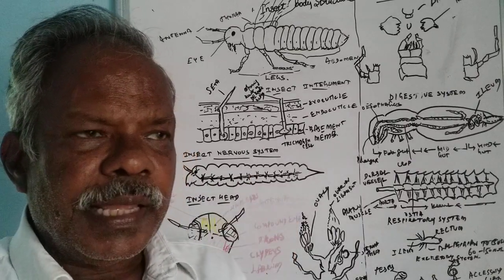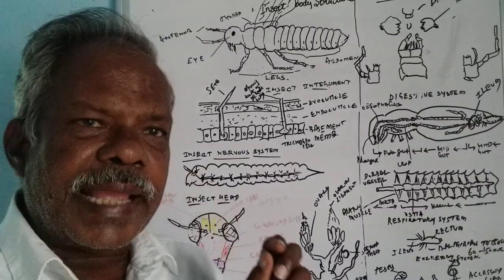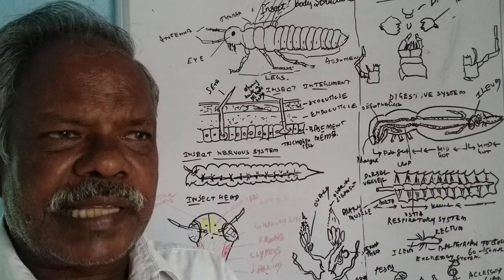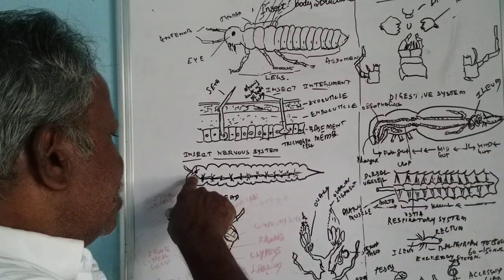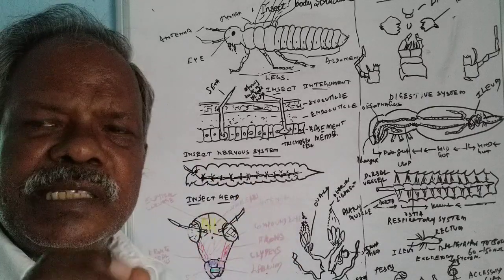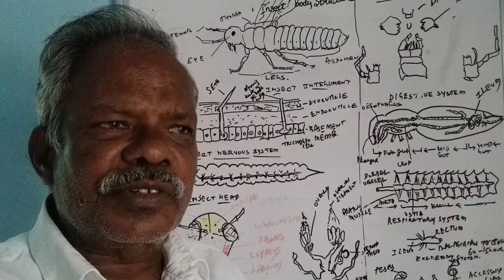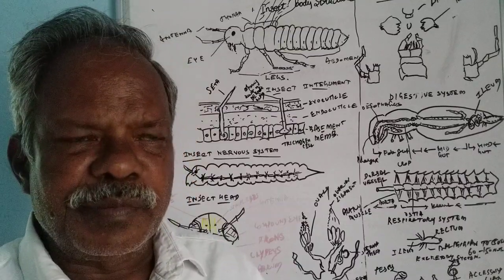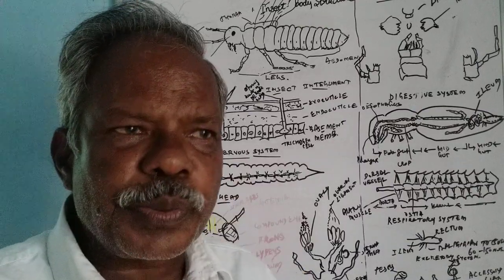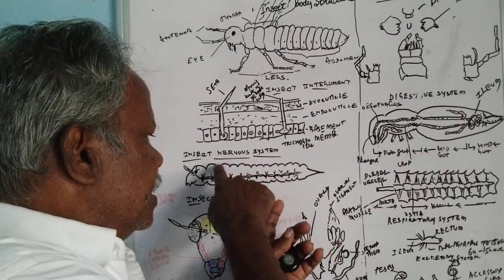The brain is called the supraesophageal ganglion. Ganglion means nerve mass, and it is equivalent to the brain in human beings. From that the nerves arise. That means it lies on the dorsal side.